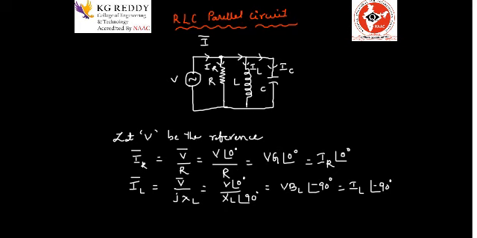Now we need to consider IC, that is my capacitance current. So IC is V by minus j XC.